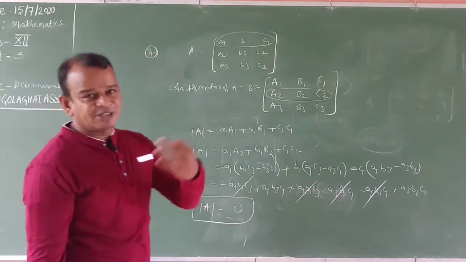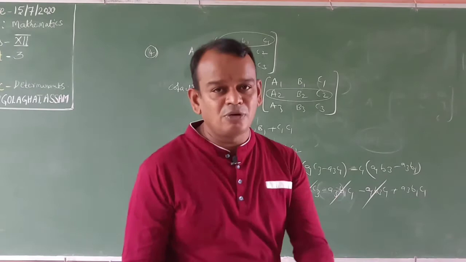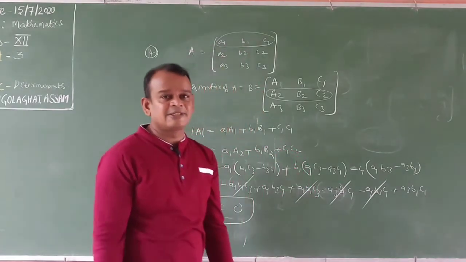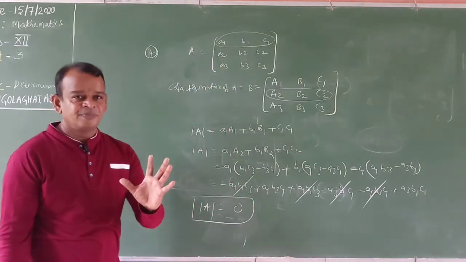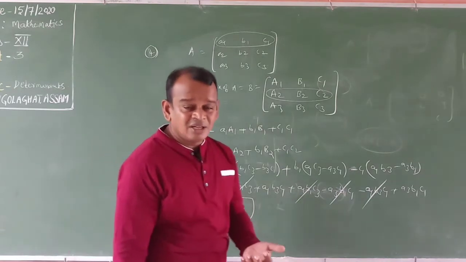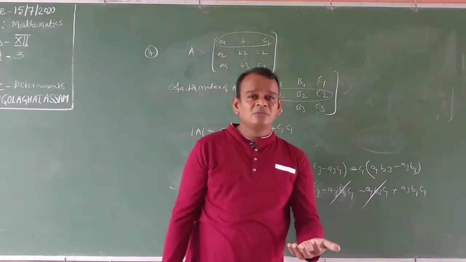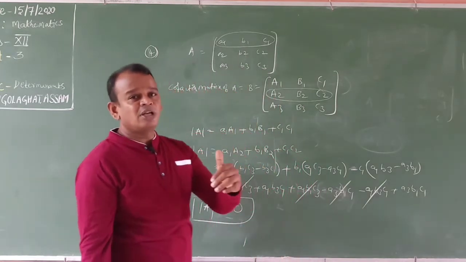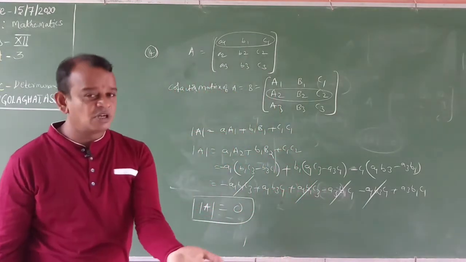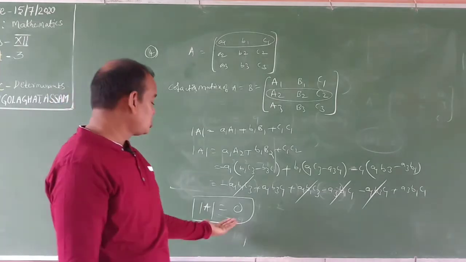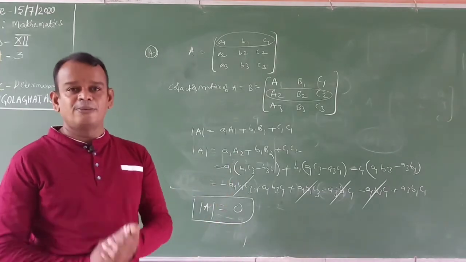The sum of the products of the elements of a row with their corresponding cofactors is the determinant of the matrix. The sum of the products of the elements of any row or column with the cofactors of another row, not the same row, must be equal to 0.